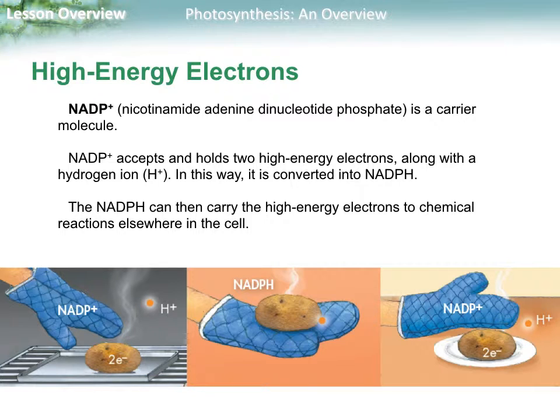It accepts and holds two high energy electrons along with a hydrogen ion. In this way, it's converted to NADPH. So it's NADP+ until it takes on the electrons and the hydrogen ion, then it becomes NADPH. The NADPH can then carry the high energy electrons to a chemical reaction somewhere else in the cell.